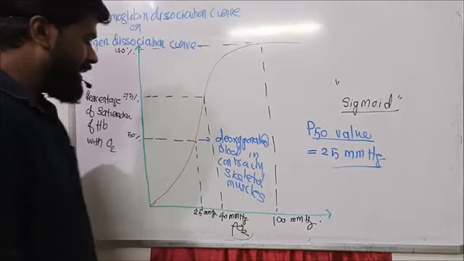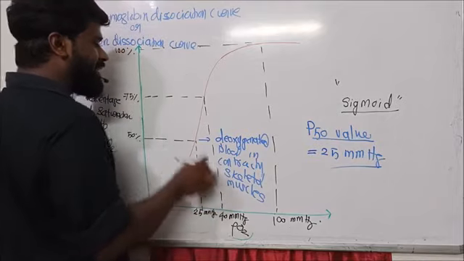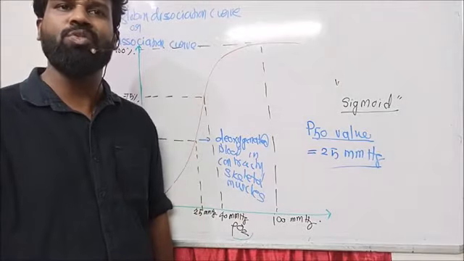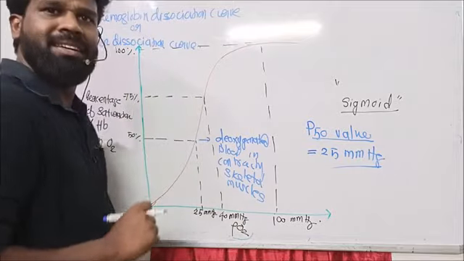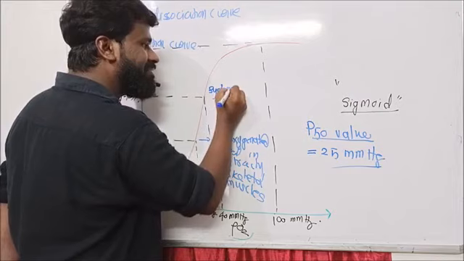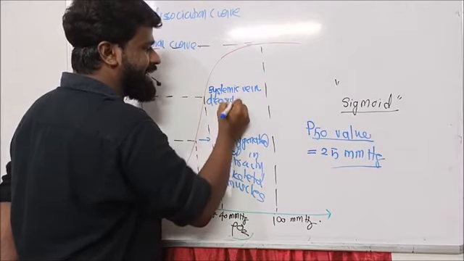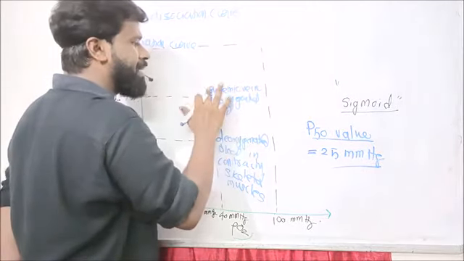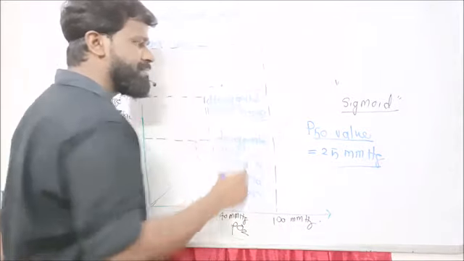Okay. Then when the PO2 increases to about 40 mmHg, about 75% of hemoglobin is saturated with oxygen. At 40 mmHg, we know this is the deoxygenated blood in systemic veins and in systemic tissues.